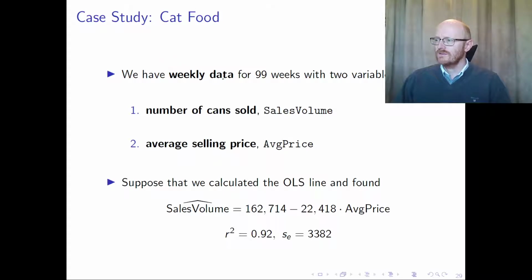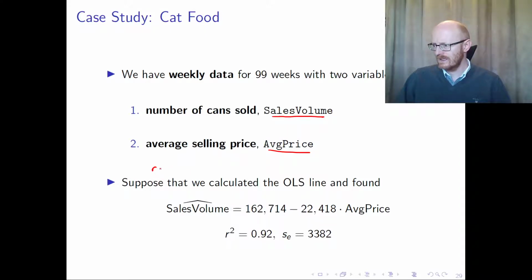Okay, so we have some data. We have weekly data for 99 weeks with two variables: one variable is the number of cans sold, sales volume, and we have the price, which is the average price. Okay, and then we can just run a linear regression.